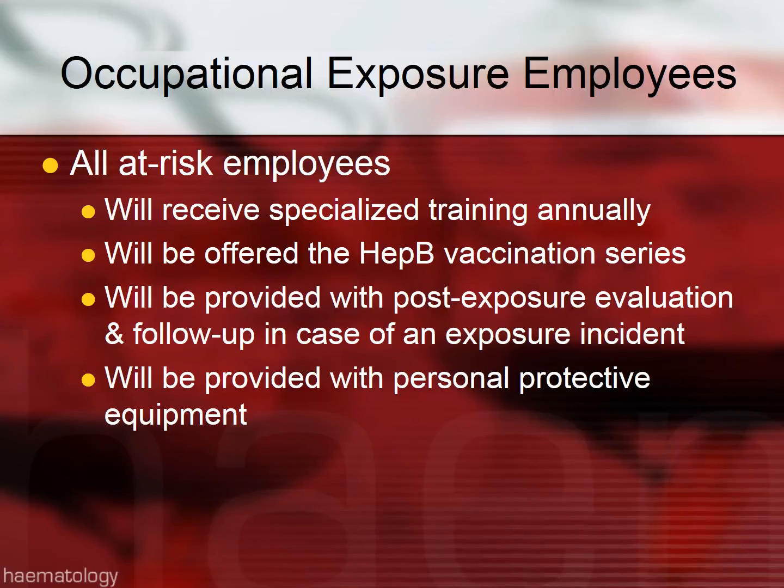But that's not necessarily something you have to do for everybody. Now, you also have to make sure that they're offered the Hep B series, and that they can decline it if they don't want to, and we'll talk about that in just a second. They do have to have some understanding that they'll have a post-exposure evaluation, what that's going to consist of, and what the follow-up would be. And also, any type of PPE, you have to have that readily available at all times.